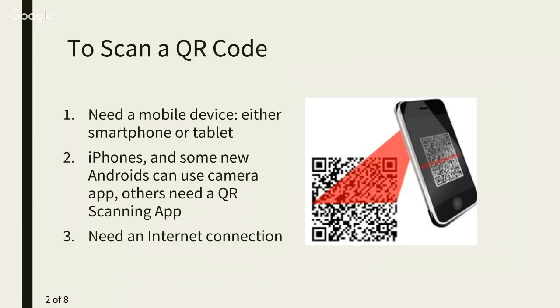I'll have to check. Now, iPhones, if you're up to date with your operating system, iOS 11 or higher, do not need an app. iPhones just open the camera, but that's still an app. So you just use the camera app to scan a code, and we will show you that.